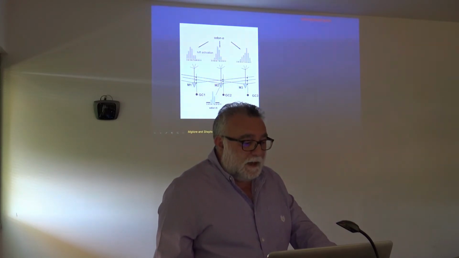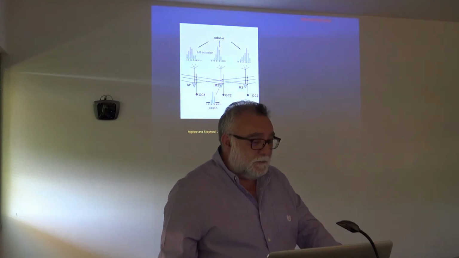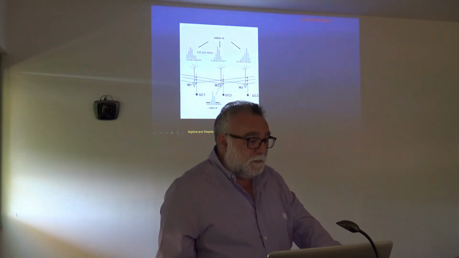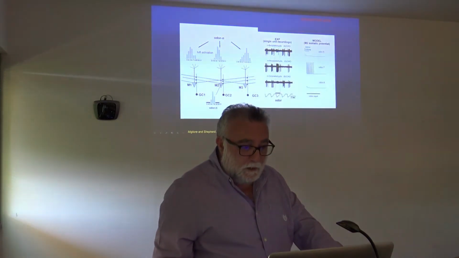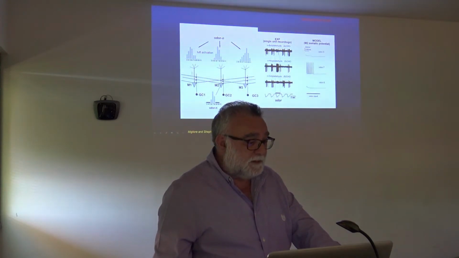Okay? Now, if we do the simulation and present different odors, and we record from mitral cell 2, this is what happens. For odor 5, mitral cell 2 is inhibited because the preferred odor is for mitral cell 1. For odor 9, it is mitral cell 3 which is preferred, and so this gets inhibited.